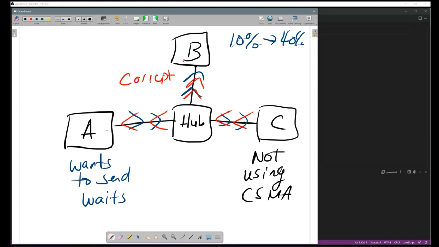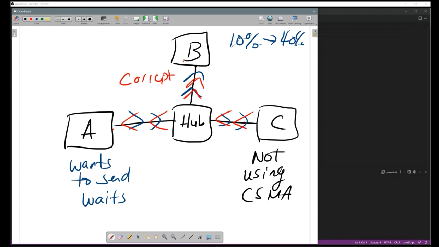As soon as A detects that C is transmitting, it's going to stop transmitting entirely, and it's going to allow C to finish transmitting. It's going to give C priority because it's not upgraded to CSMA yet.